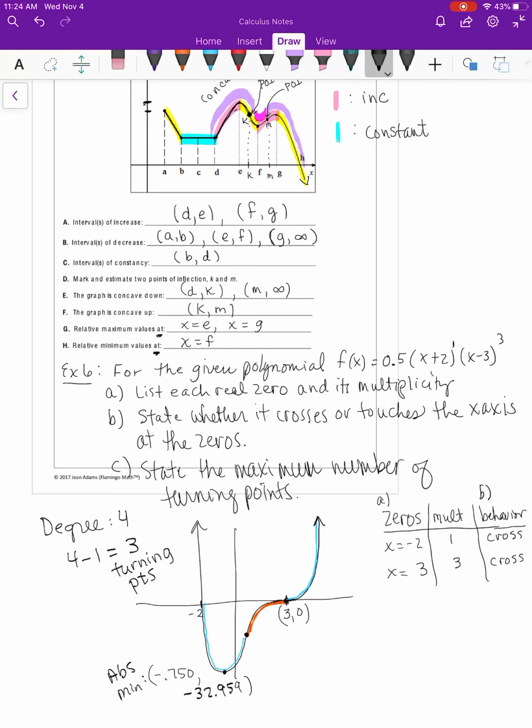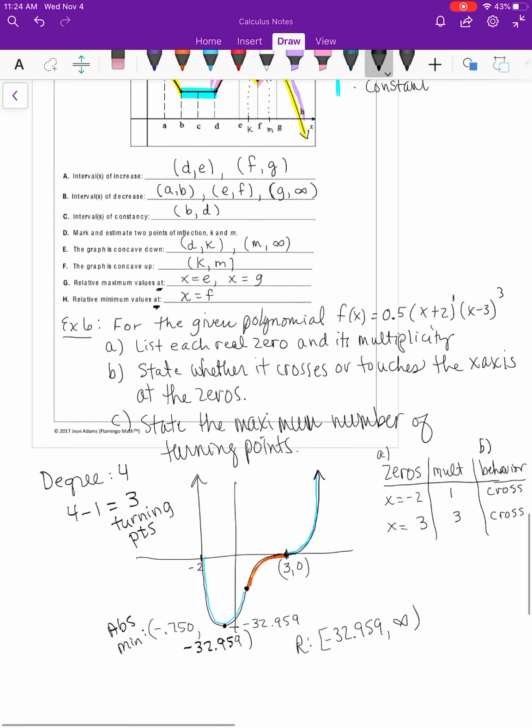Because look, it goes to infinity on both sides, so this is the lowest y value. Negative 32.959 is your lowest y value. So if I had to say what the range of this function was, it would be negative 32.959 to infinity, because that's my lowest y value. And all the other y values, from that point on up, are being used.